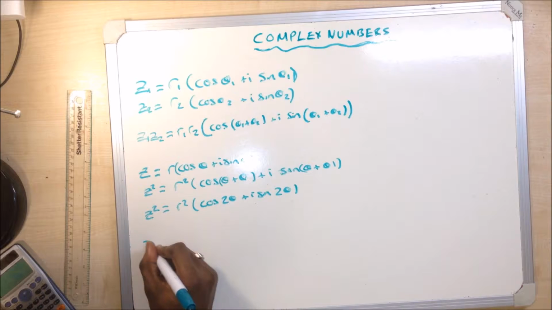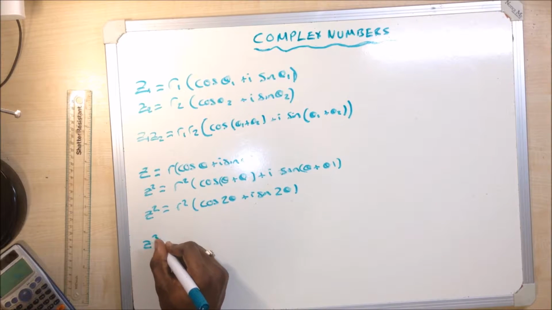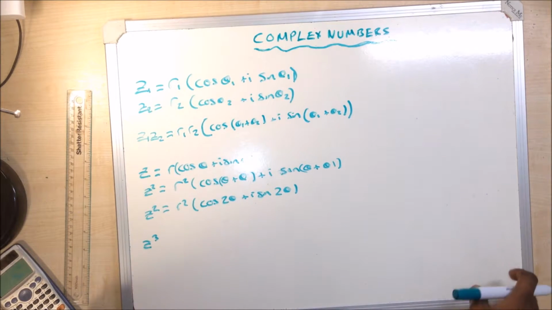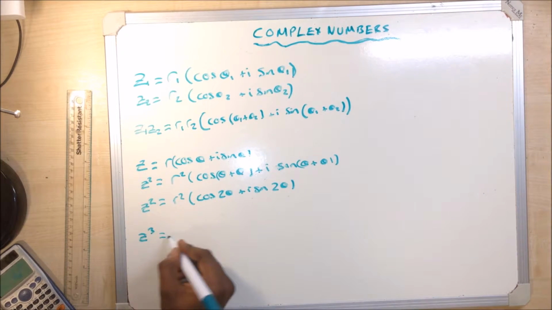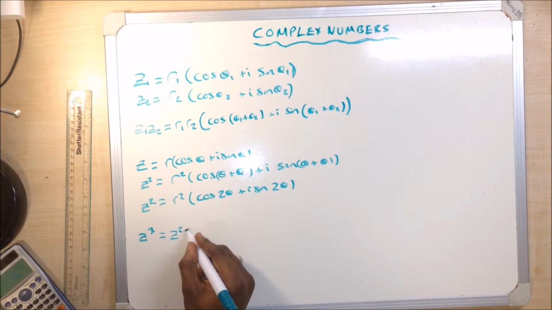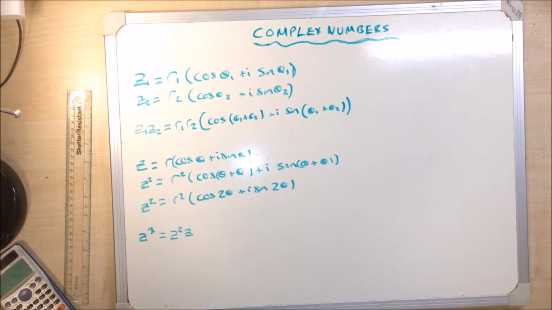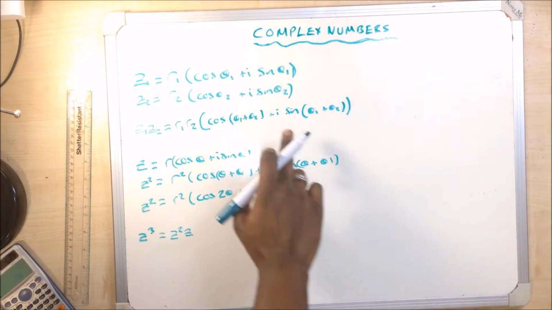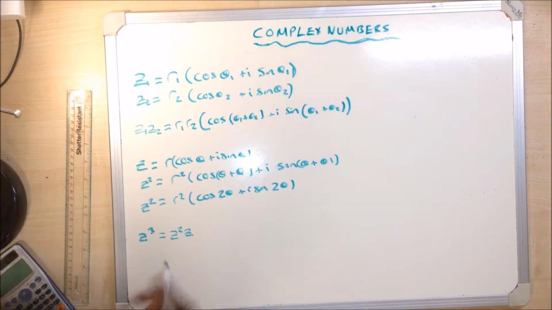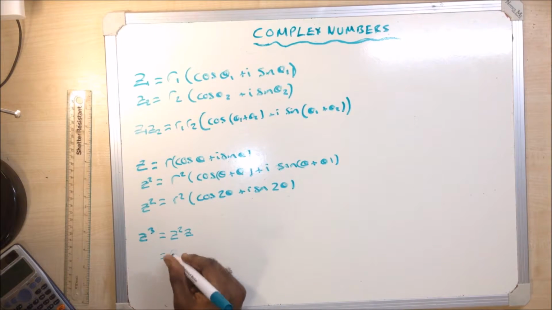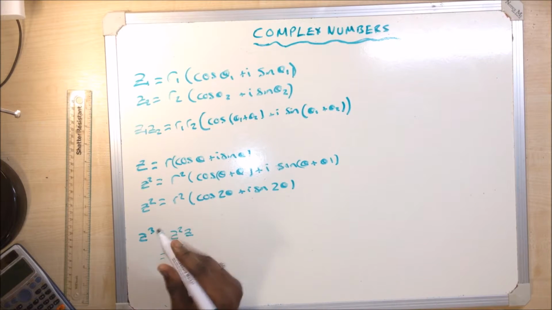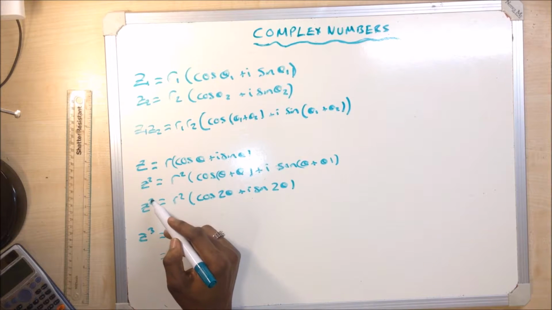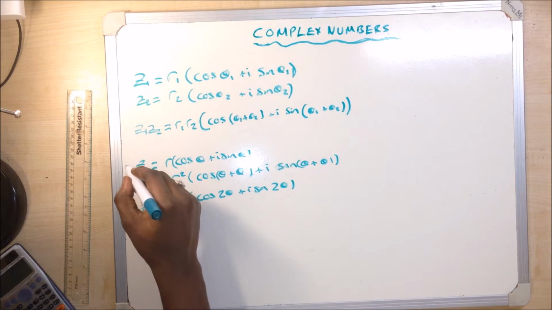Now suppose we want to work out z cubed. That's the same as saying z squared times z. So using this as an example, we would do r squared times r, this is z squared by the way, so we're doing this times this.